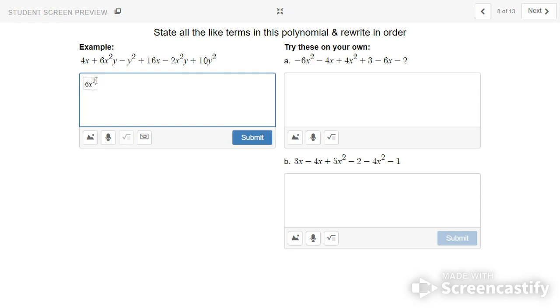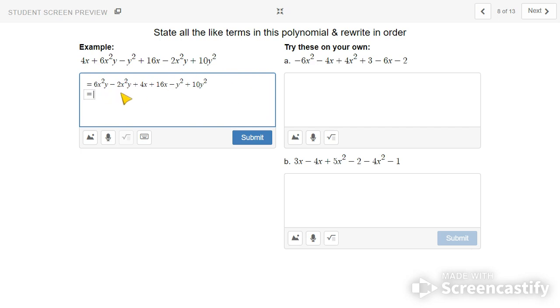So first, I'm going to have 6x squared y minus 2x squared y. So I've covered those two. Then I've got the x's, plus 4x plus 16x. Finally, minus y squared plus 10y squared. I have rewritten this in the correct order based on math convention.